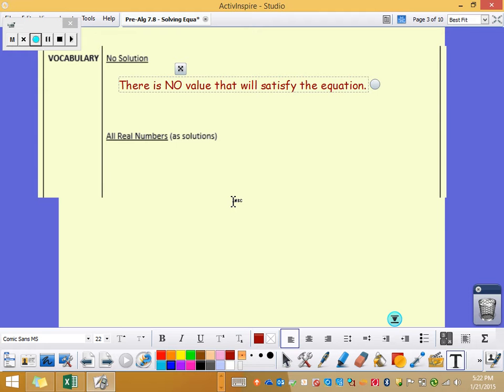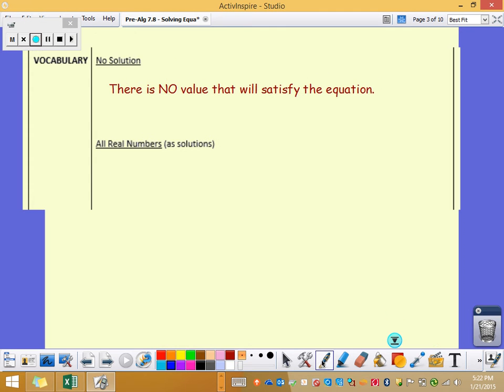So, for example, if I have 3x plus 2 equals 3x minus 4, if you want, you can go ahead and try to solve this equation for x, and you'll find out, hey, there is no solution.